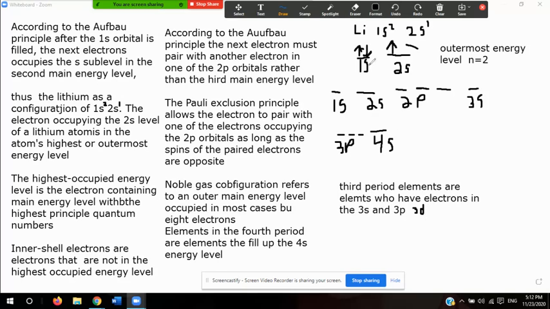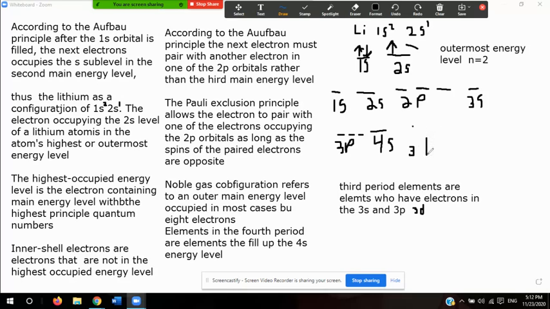But the order in which it goes is, once it fills the 3p, instead of going 3s, 3p, 3d, 4s, it actually goes 3p, 4s, and then 3d, excuse me. Now, why is that? Because remember that electrons go from a lower energy level to a higher one.